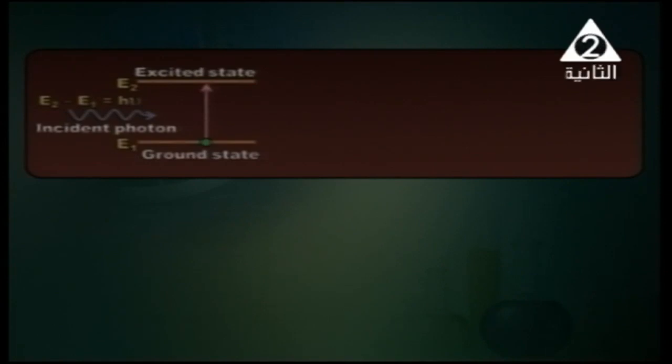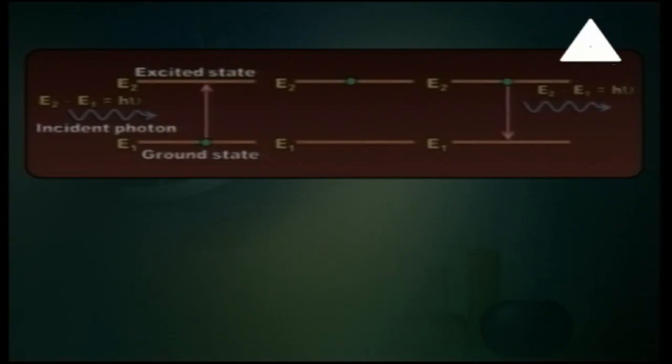Then what happens when this photon falls on the atom? Yes, the electron is excited and it makes a transition to the energy level E2, but it stays for a very short time. Then it relaxes once again to the ground state, emitting a photon having energy equal to E2 minus E1, equal to h nu.